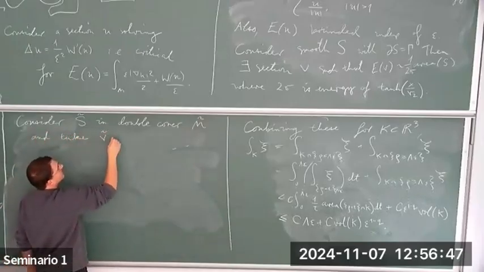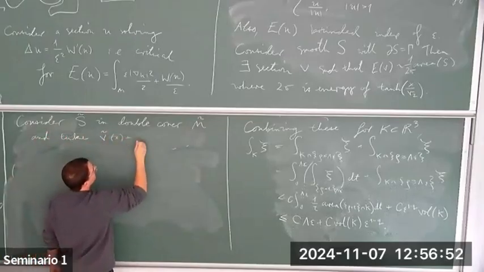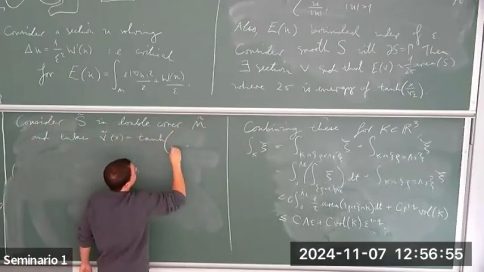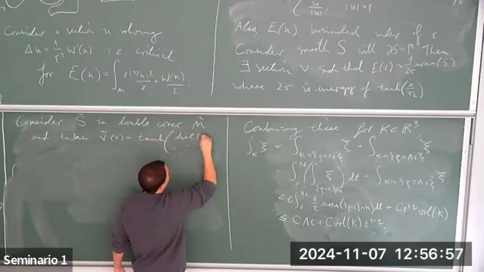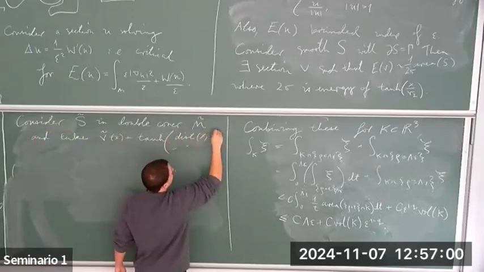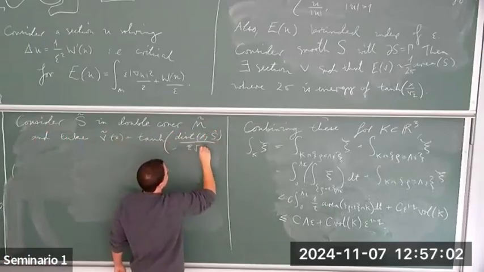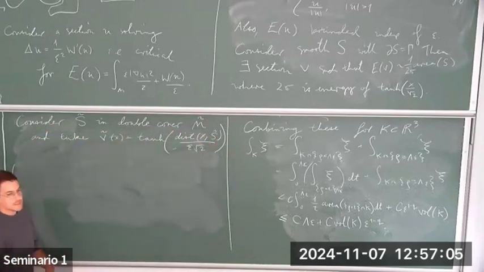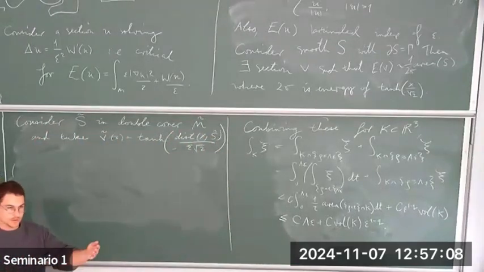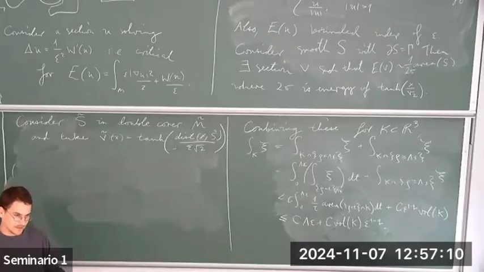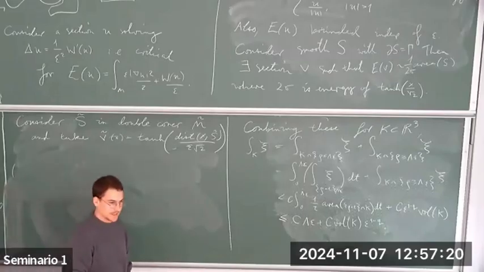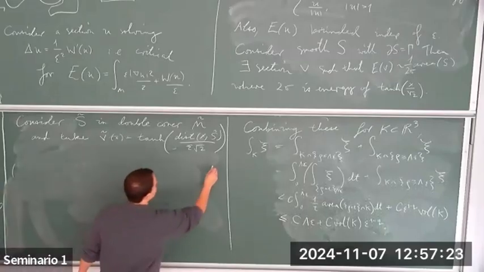And the lift of our desired section V will be a rescaling of the one-dimensional solution composed with the signed distance function to the lift of S, where the signs are chosen so that you're positive outside S, negative inside, or vice versa. This will do the job.